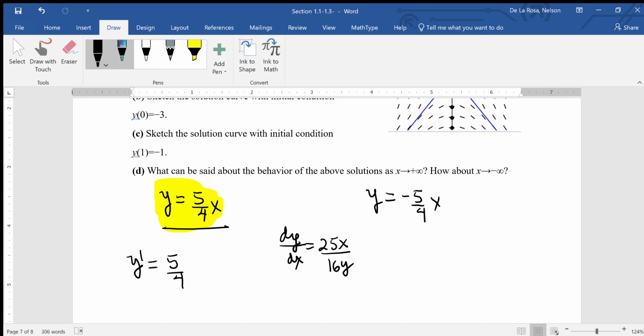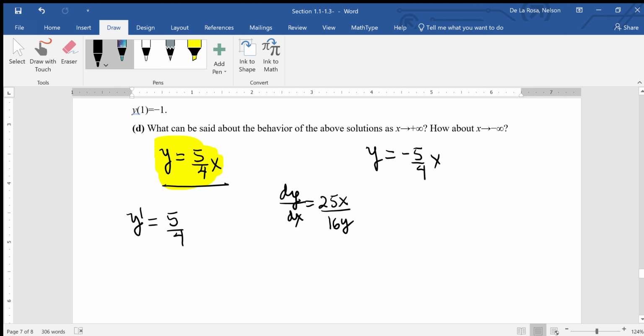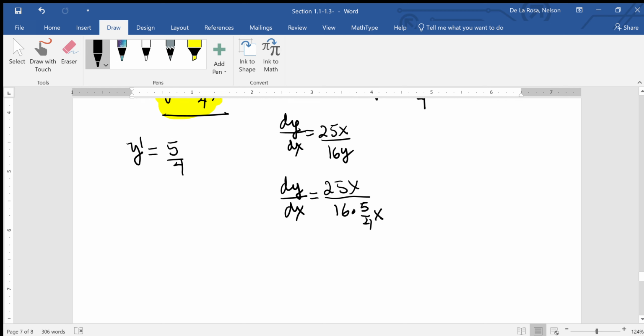Well, remember, we have dy/dx equals 25x, and on the bottom we can replace y, because y is 5 over 4x. Just replace y by its formula.